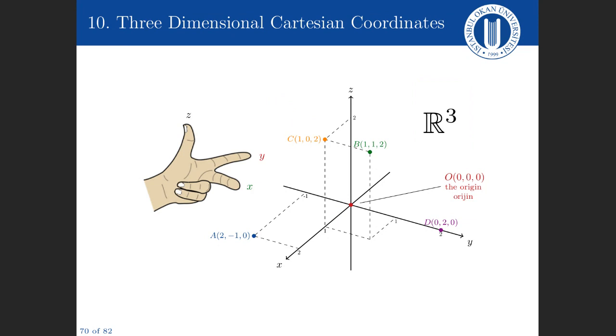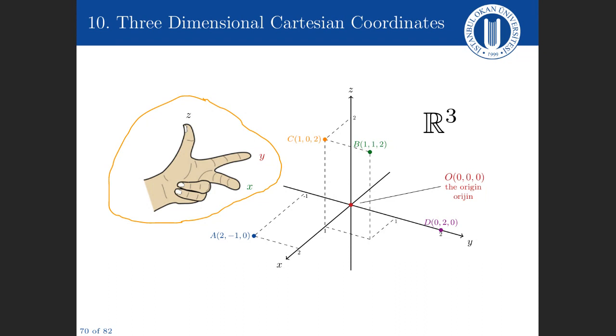When we talk about three-dimensional space, we use a left-handed coordinate system. What I mean is, imagine you take your left hand and you hold it like this. You can see in the video how I'm holding my hand.